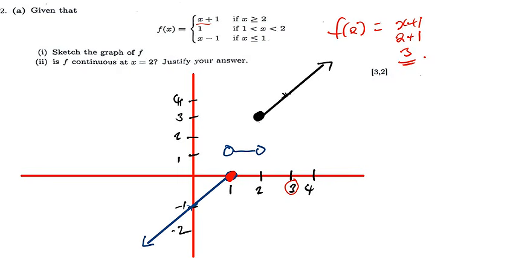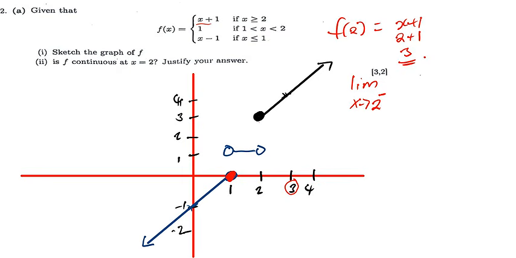Now, what next? The next thing is to find whether the limit exists. So the limit as x approaches 2 from the left side. I need to look at the function that is closer to 2 from the left side.